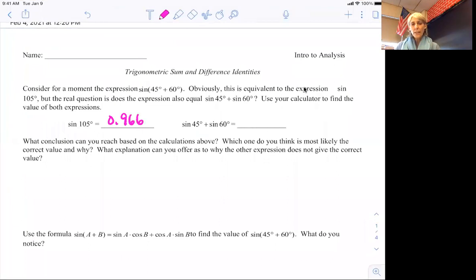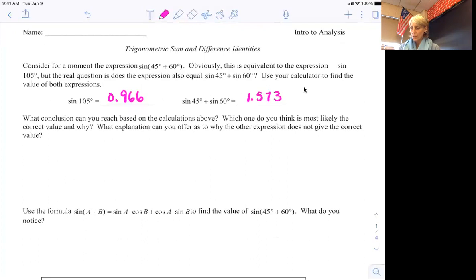Now take a second, even though we know we can set up exact values there, just take a second and do sine of 45 plus the sine of 60 using your calculator, and hopefully you get 1.573. So what conclusion can you reach based on the calculations above?